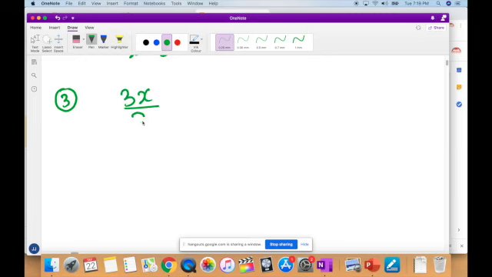3x over 2 is equal to 9. What am I going to do here? Transpose the 2. Transpose the 2 and that'll give me what?